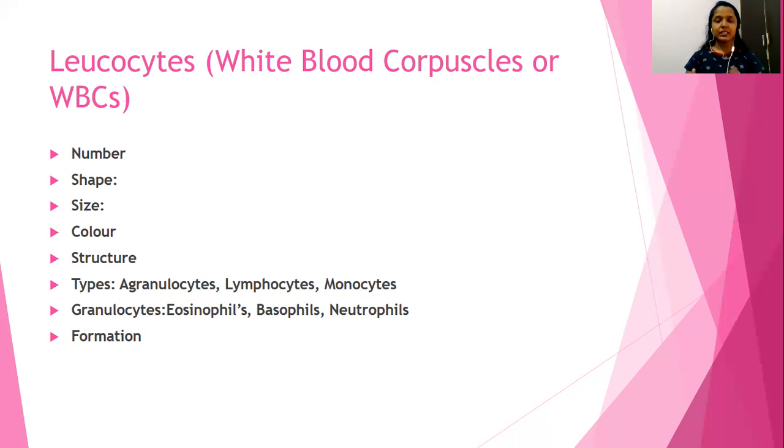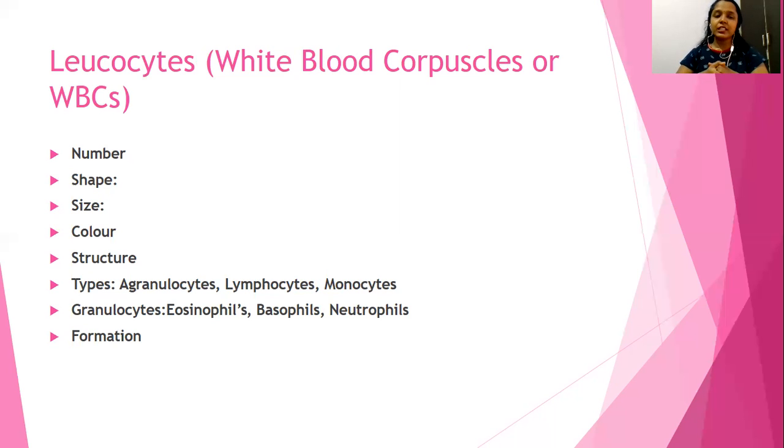Agranulocytes are the ones which do not have granule-like components in their cytoplasm. Examples are the lymphocytes and monocytes. Granulocytes are the ones which have granule-like components. Examples are the eosinophils, basophils, and neutrophils.